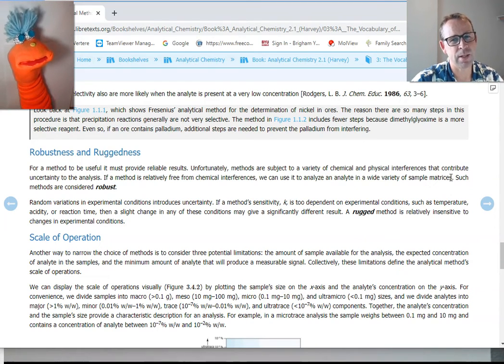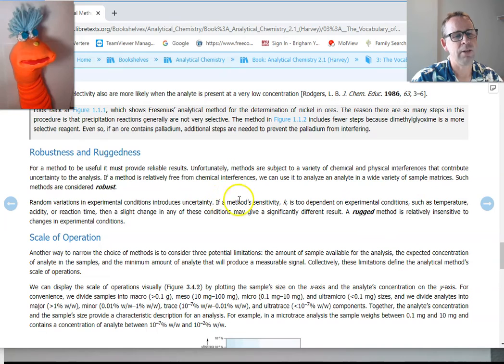So there's always something in the matrix, even if you say it's just water, right? There's always something in the matrix, and it can influence the reaction. If a method is robust, then it will not be bothered by different things that are in the matrix, different interferences.